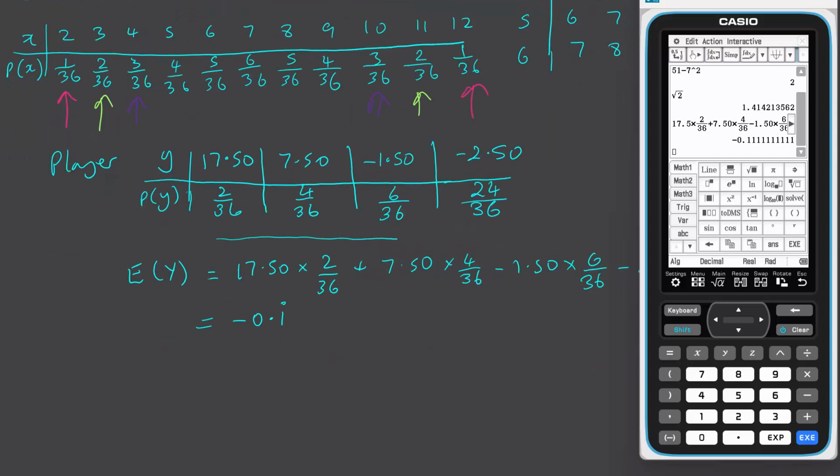And over the course of 100 games, that means that we would lose $11.11. So the house, which is often what we refer to the owner of the game as, wins $11.11 per 100 games.